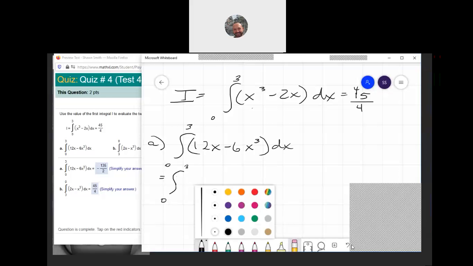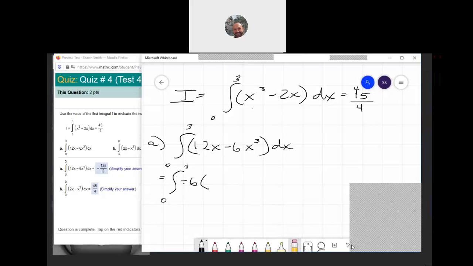I want to end up with a +x cubed, right? So to get a +x cubed, I'm going to take out -6. -6 times -2x is +12x. -6 times +x cubed is -6x cubed dx. And you can see if you just rearrange these two.